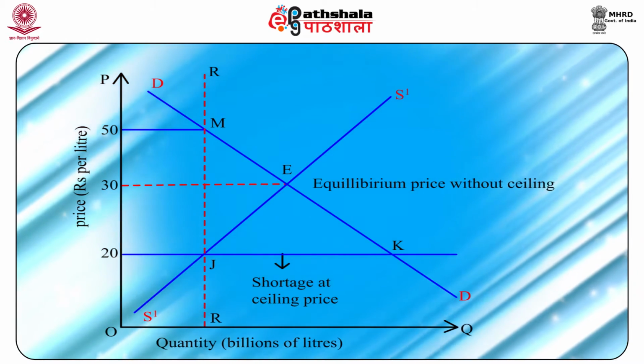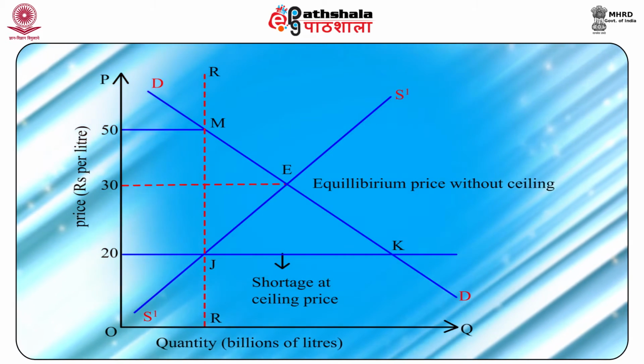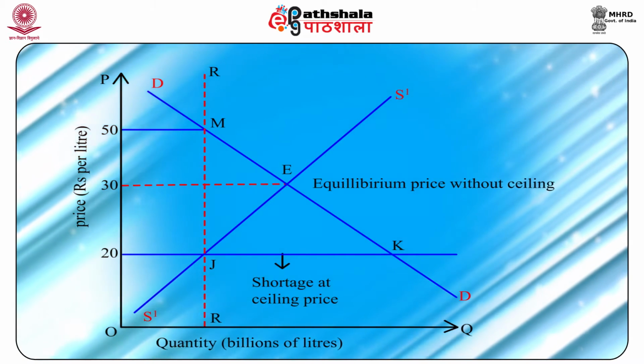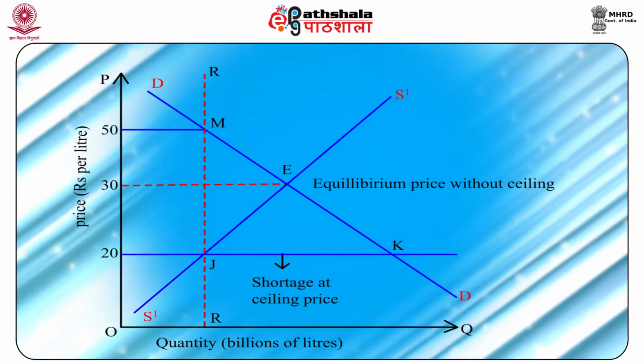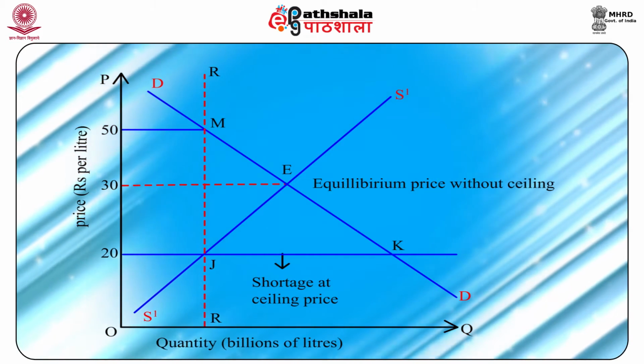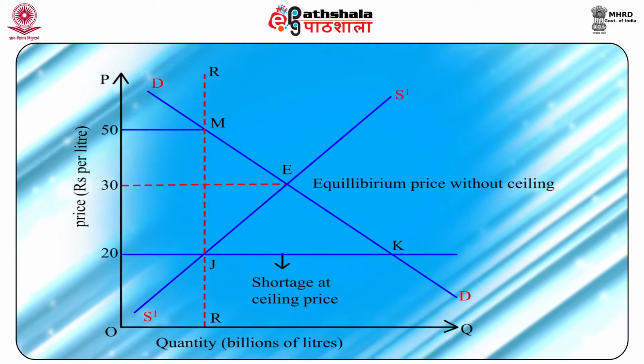But at this low price, what we notice is there is an excess demand. This excess demand would create a pressure in the market, and it is likely to disturb the normal operation of the market for petrol.